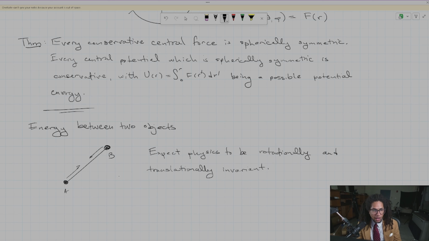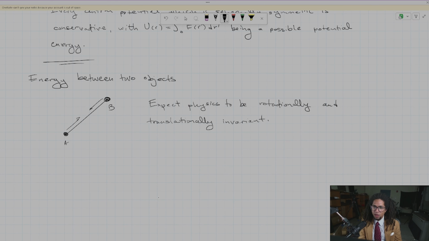And there's only one way that that can happen. It's if the force of, for instance, B on A depends only on the distance between A and B. So in other words, on the magnitude of RA minus RB. Good.